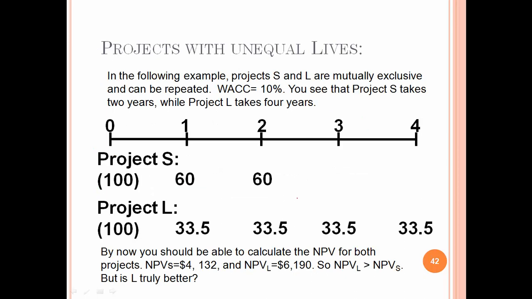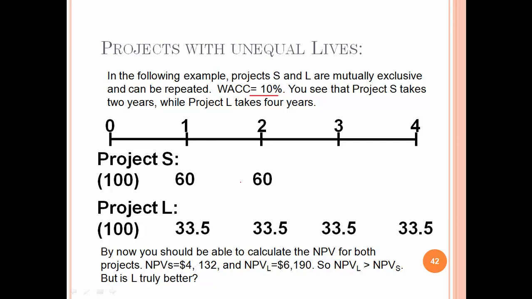Now, let's look at the capital budgeting decision under some special situations. We'll first talk about projects with unequal lives. In the following example, you have project S, a shorter project, and project L, a longer project, that are mutually exclusive. And we have 10% WACC for both projects.